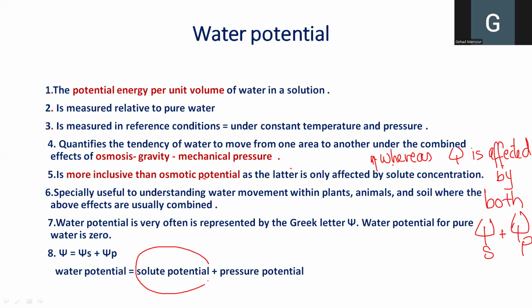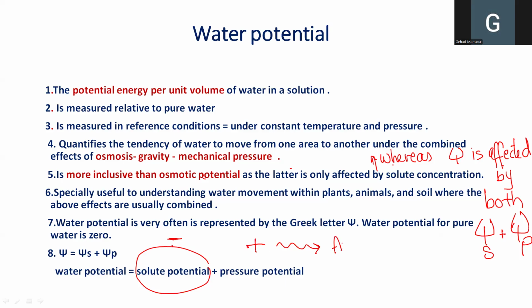So, solute potential, as we said, is always a negative value, because when we refer it to distilled water, which is our reference, it will be negative. Whereas pressure potential is always a positive value, because whenever you are applying pressure, you are increasing the potential energy of the water molecules to move.